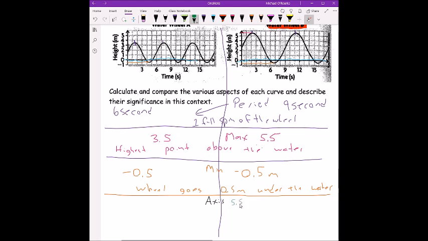So 5.5 plus negative 0.5 divided by 2. 5 divided by 2 equals 2.5. Yours is 1.5? So you had, what? 3.5 plus negative 0.5.